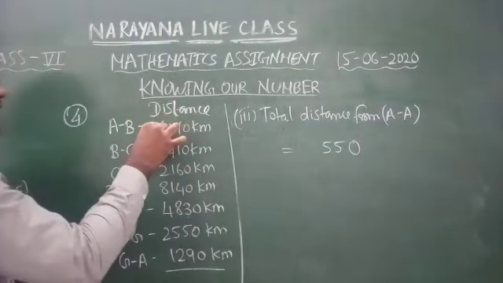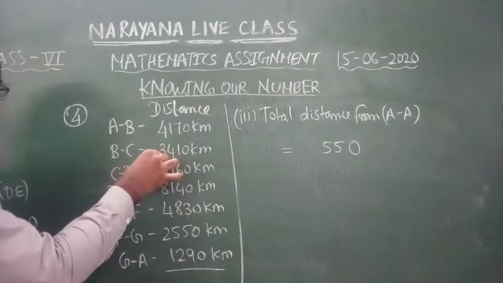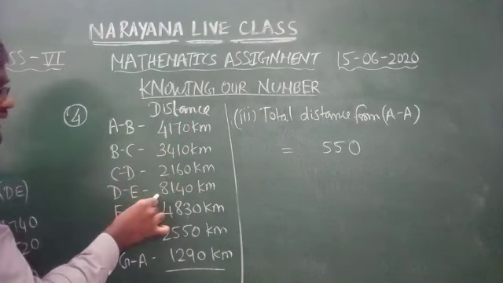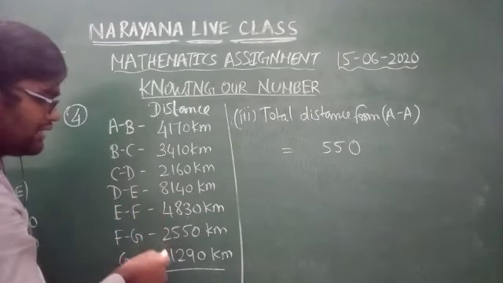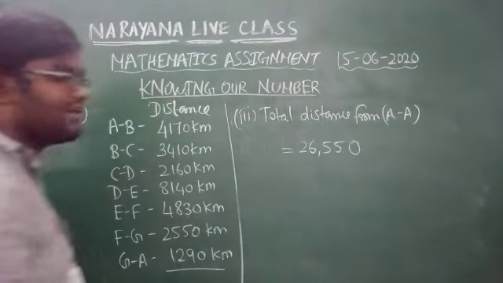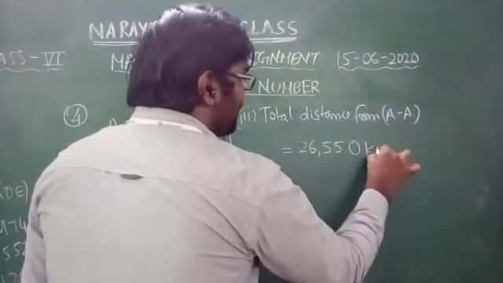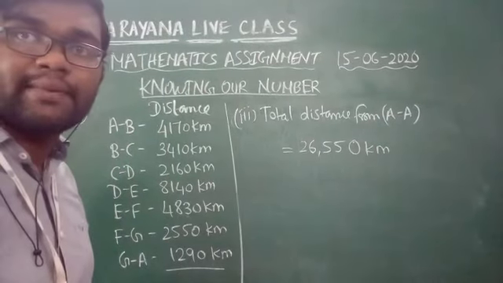Carry over 2. 2 plus 4, 6. 6 plus 3, 9, 11, 19, 23, 25, 26. So 26,550 kilometers. This is the total distance from A to A.